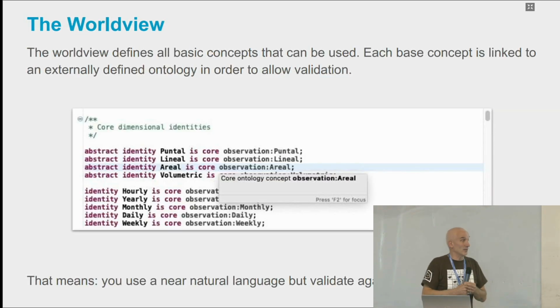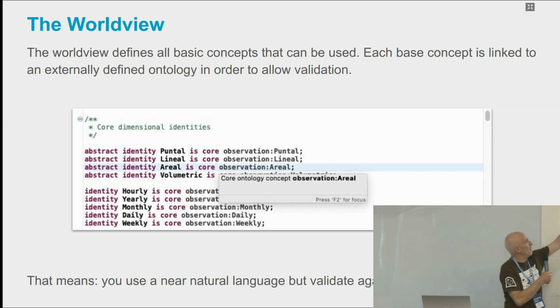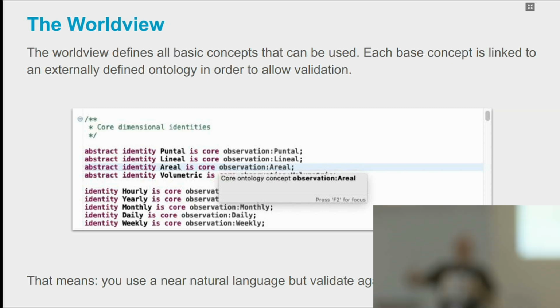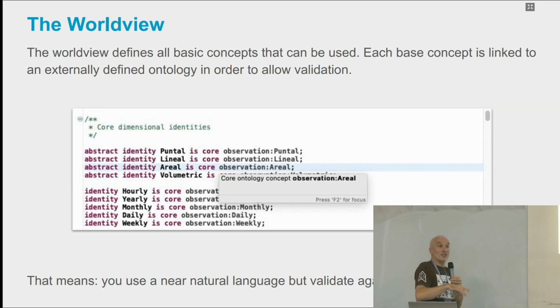Last word about the worldview, which looks kind of like this. Think of it, I've never been able to do something like this, but you have to define really to the very, very bottom, what is a puncture. And this goes down then to the whole file of ontologies, which is why in the syntax you have to follow coherently.